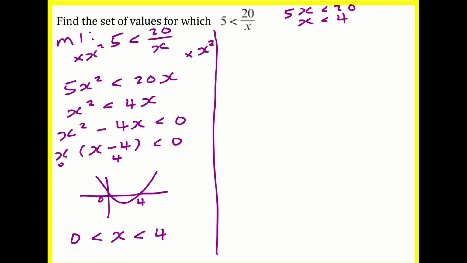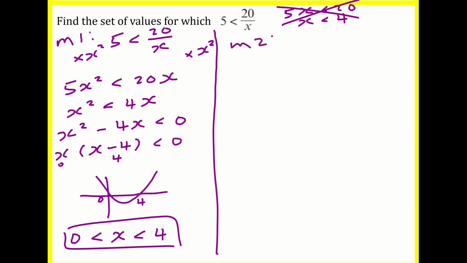That's not true. So you have to do it more carefully. And you might have done this. If you tried it yourself, you might have thought, oh, that's as easy, but hopefully I've now explained to you why it's not as easy as just doing this. And yeah, you have to be really careful. So I'm going to cross that out. We're not going to do that. So method one is to times through by x squared, and this is our answer.